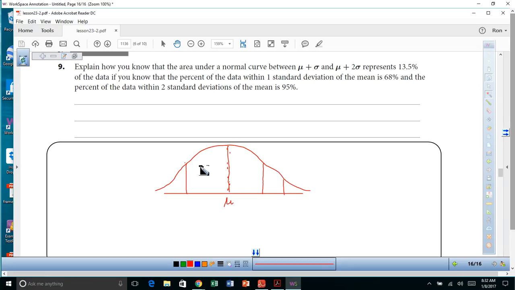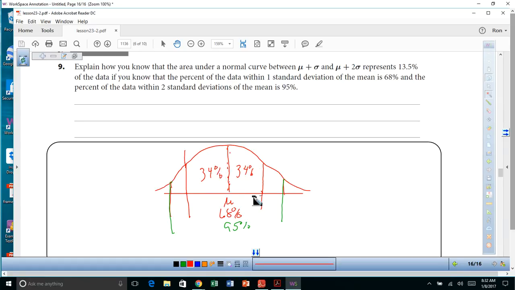Well, we know that from here to here is 68% of the data, right? And then if you draw that other one in a different color, we know that this right here is 95% of the data, right? Okay, and this is the halfway mark, which means that right here we've got 34%, and right there we have 34%.